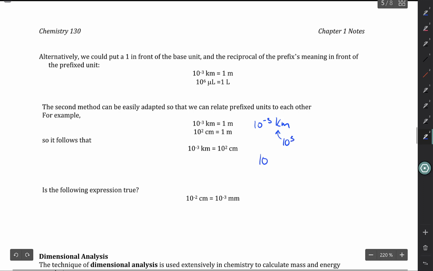So 10 to the negative 3 times 10 to the positive 3 meters is the same as 10 to the negative 3 plus 3, because when we multiply the same number to different powers, we just add them, which is the same as 10 to the 0, which is, of course, 1. So that's why we say 10 to the minus 3 kilometers is 1 meter.